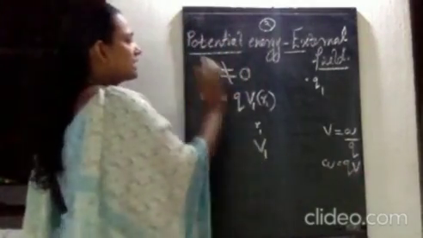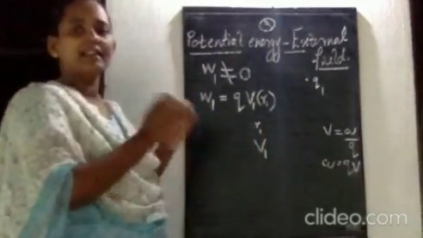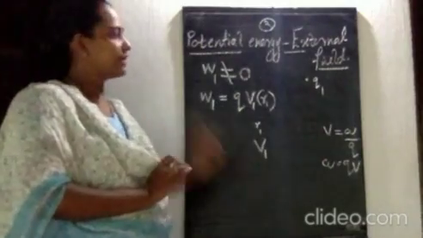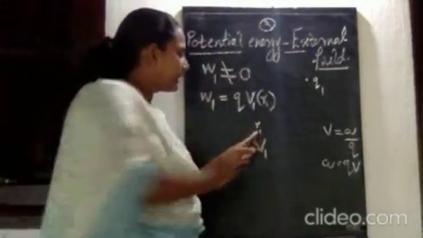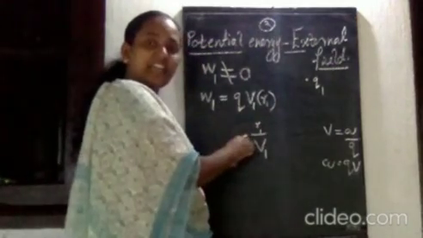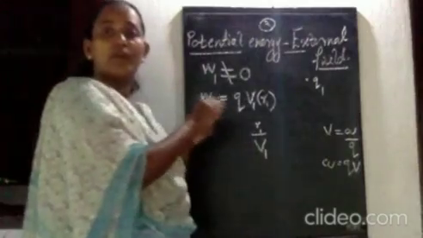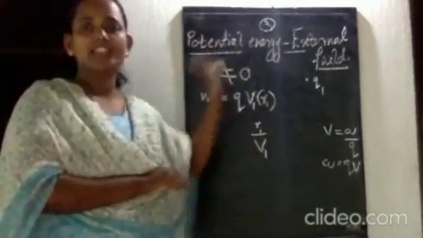So here we are considering a region in which an external field exists, and in that field we are bringing charges from infinity to that point. First, when we bring the point charge Q1 from infinity to a given point R1, there is a field, and a field means there is a potential. So we must do some work to bring the first charge, and that won't be 0 as in the previous case.